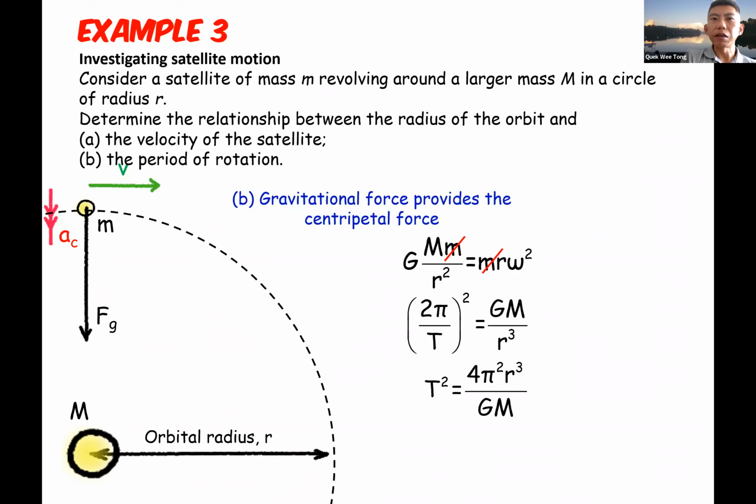You get something like this. Then you note that the front part are all constant terms, so you end up left with T squared proportional to r cubed. This is yet another very important conclusion from circular motion: the bigger the radius, the longer the period. T squared is proportional to r cubed.